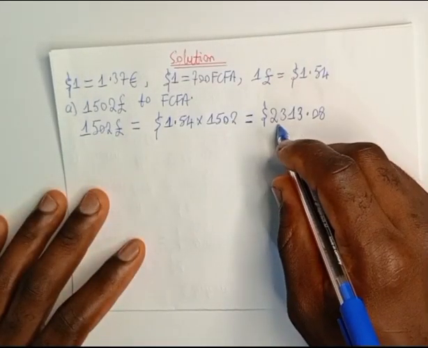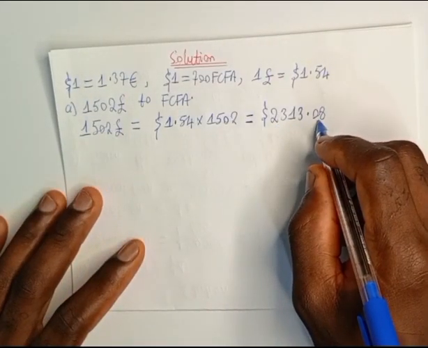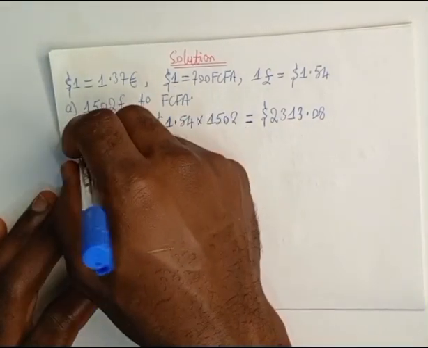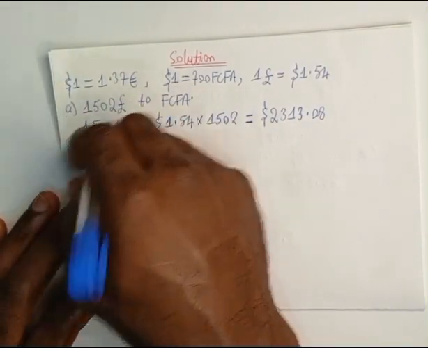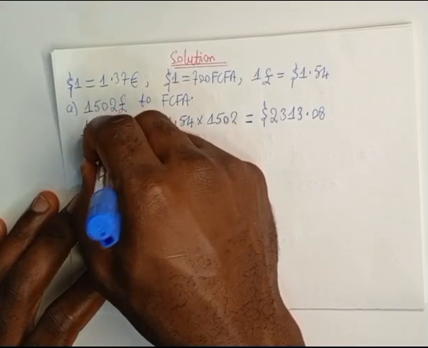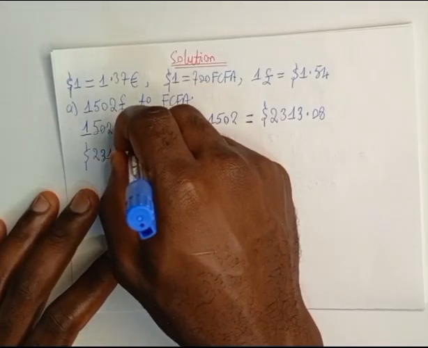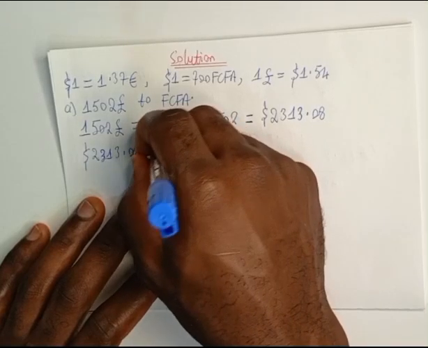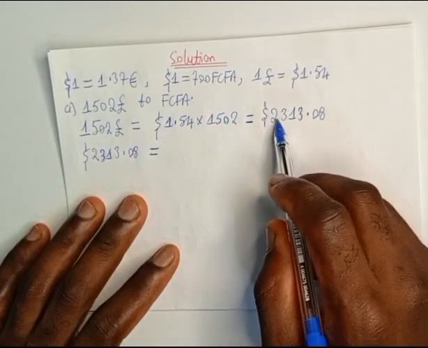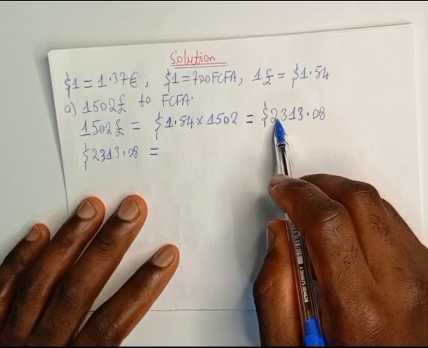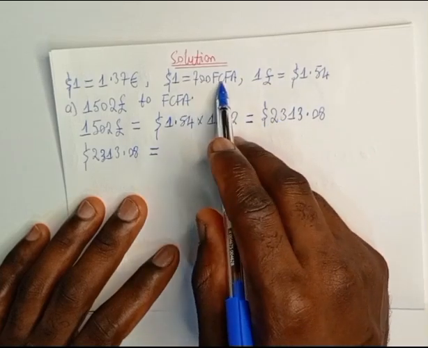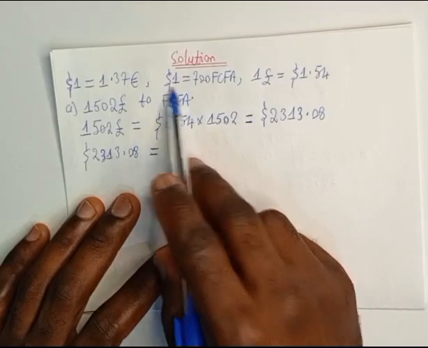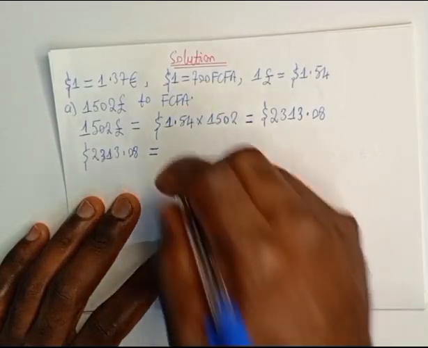Next, we have to convert this amount to francs CFA. 2,313.08 dollars in francs CFA will simply be equal to, we are going to multiply this amount by the exchange rate 700 francs CFA. Remember, from the question, you'll see that the dollar is a higher currency to francs CFA.